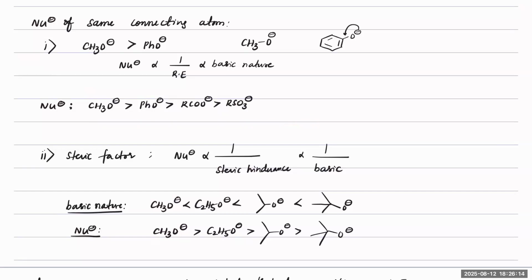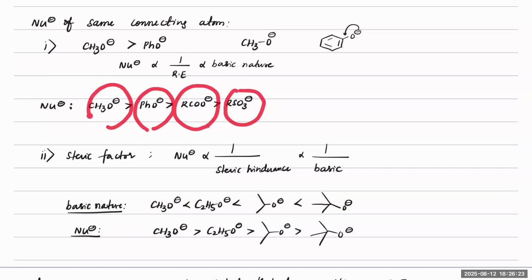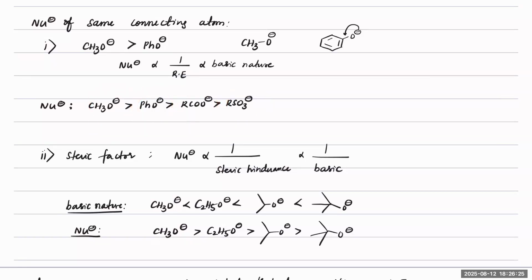If you do recall, sulfonic acid, RSO3H, is more acidic compared to carboxylic acid, compared to phenols, compared to alcohols. So alcohols are the weakest acids, so that makes it the strongest base. Clear? So this would be the strongest base here.